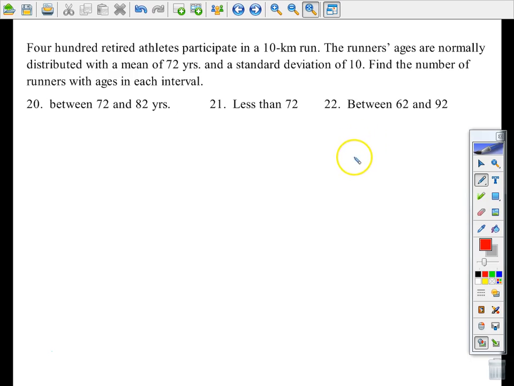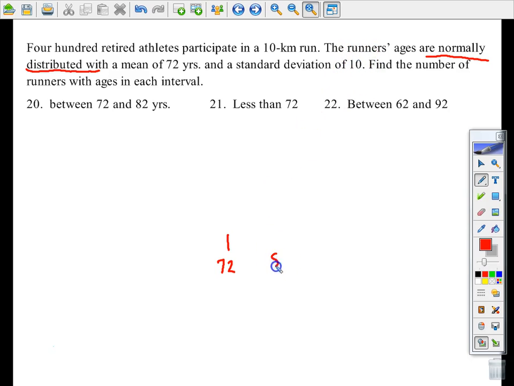All right. We have this standard normal curve. We're told that the data is normally distributed. So we can at least draw the number line that represents this data. The mean is 72, so let's just put 72 right in the middle and build from there using a standard deviation of 10.